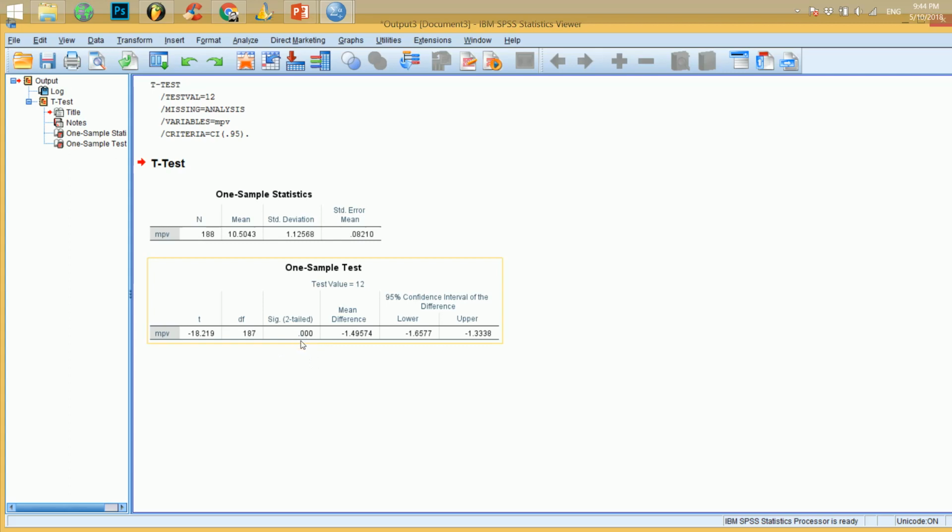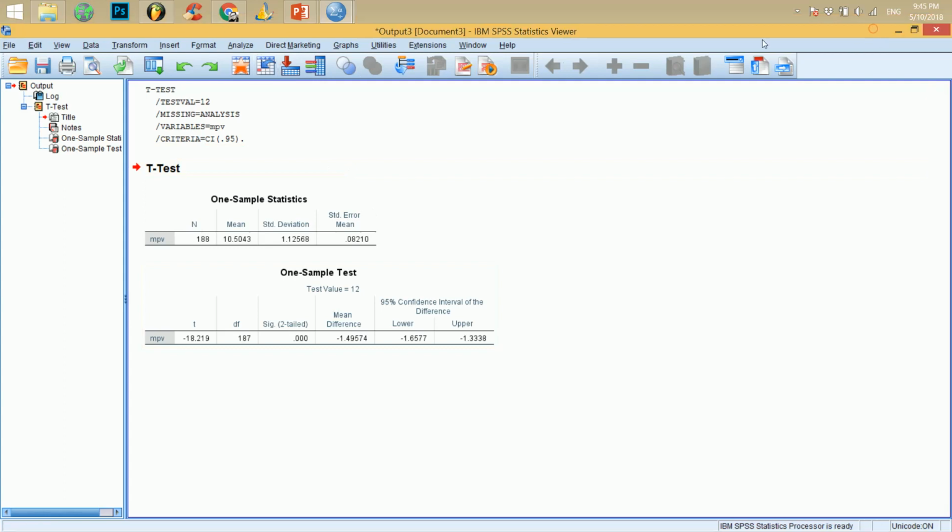So level of significance in this case is less than 0.000, which means basically that indeed there's a difference between the population mean of MPV versus what we give as our mean, or our hypothesis mean actually. And this table also gives you the confidence interval values, the lower and upper bounds, and the mean difference.